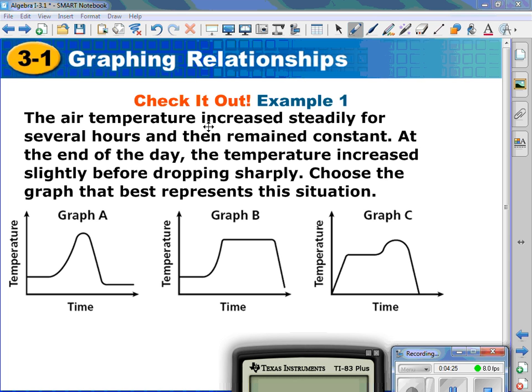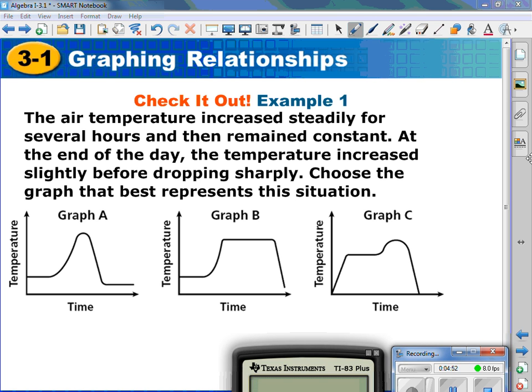So the air temperature increased steadily. Which one increases steadily and then drops sharply? I'm sorry, steadily, then constant, and then at the end of the day, increase slightly, then sharply.